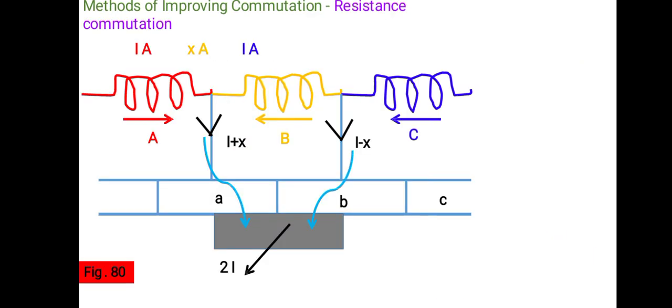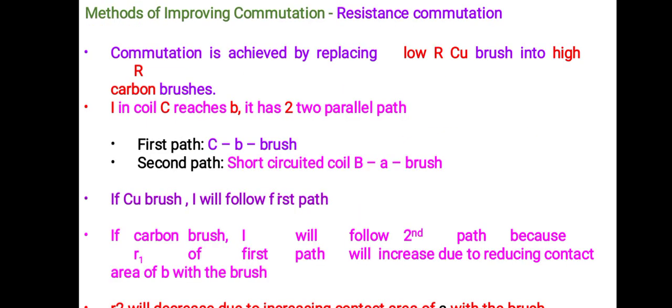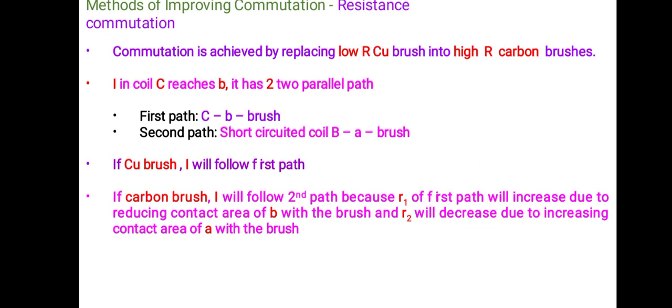The first current path goes through C, B, and then the brush. The second path goes through the short circuited coil B, A, and the brush. With a copper brush, the current will follow the first path. With a carbon brush, the current will follow the second path. So because of the difference in resistance between carbon and copper brushes, the current path changes.